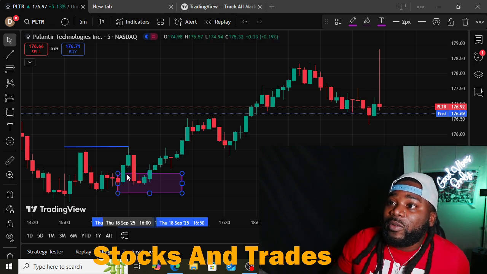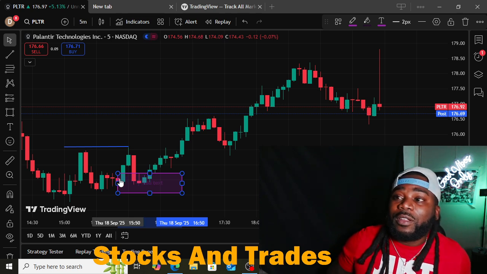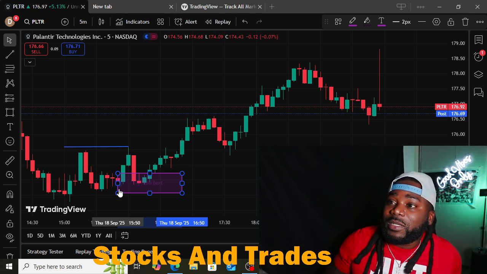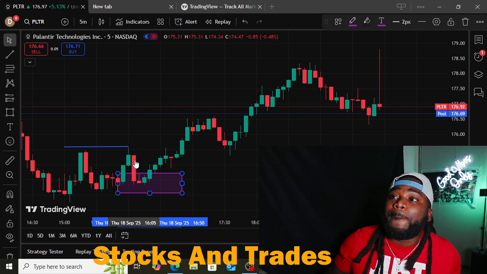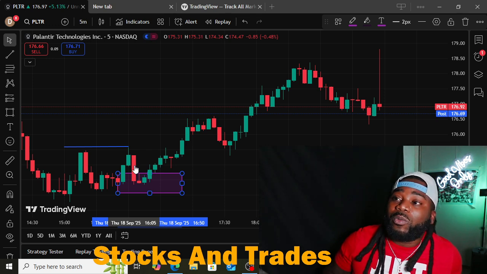You're gonna mark the first red candle that's behind the breakout candle. You're gonna mark it from the top to the bottom, stretch it out, and wait for the next red candle to come back and come into your territory, into your zone right here.